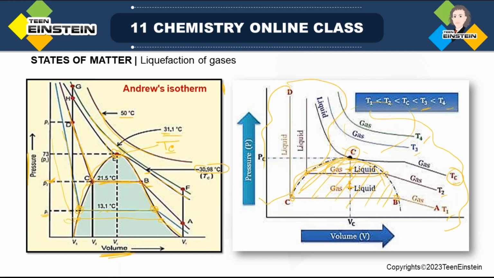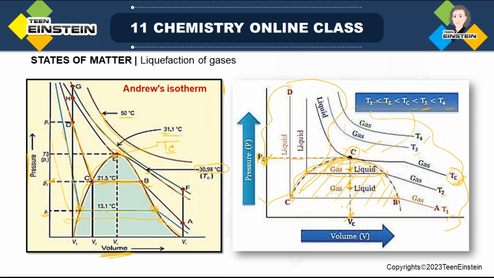So from this type of curve, what important information we can get: the value of TC, which is this temperature, and if you draw a corresponding line, just extrapolate it, it is cutting here. So this is the pressure which is at critical temperature, and that pressure is known as critical pressure. Similarly, from point C, if you extend this line, it will cut here.